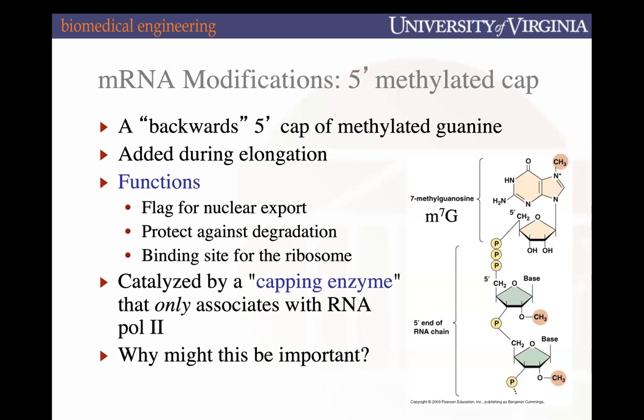It's not about only eukaryotic cells. Think about what's unique to RNA polymerase II as compared to the other RNA polymerases. Yes, exactly right. Because we only want mRNA to be a binding site for ribosomes and for nuclear export. It helps serve as a key feature for mRNA so that it can be used for translation when it's used to make proteins.